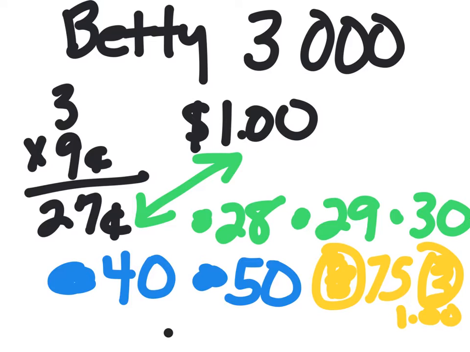So I'm at 30. I give Betty a dime and say 40. I give her another dime and say 50. I know that if I'm at 25, 50, or 75, I can use a quarter. So after I say 28, 29, 30, 40, 50, now I give her 1 quarter and say 75 cents, and another quarter is $1.